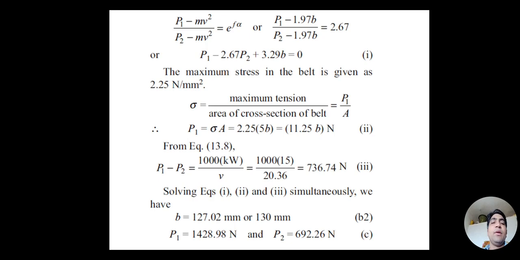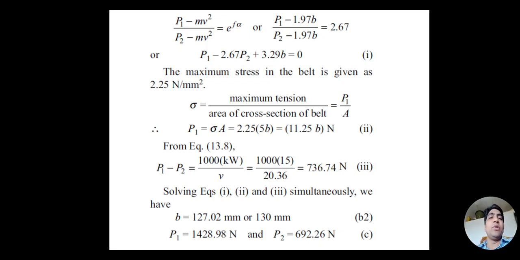Now calculate the value of power. Power is known, and we have to calculate the belt tensions P1 and P2, so P1 minus P2 equal to 1000 into kilowatt kW divided by v, the correct velocity in meter per second. Put all these values and you will get P1 minus P2 equal to 736.74 Newton.